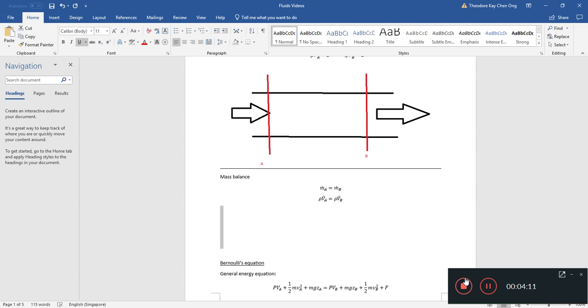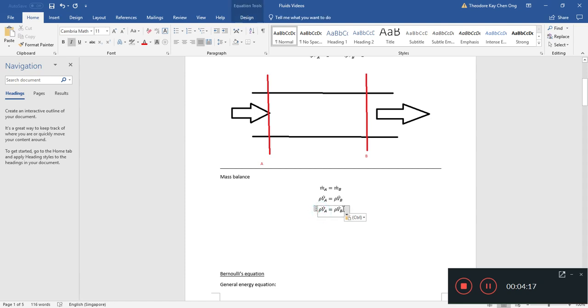If it's a constant density, I can divide throughout. The correct way to put it is this way.